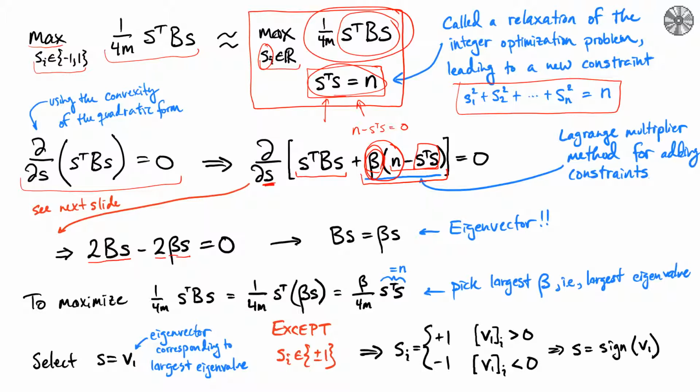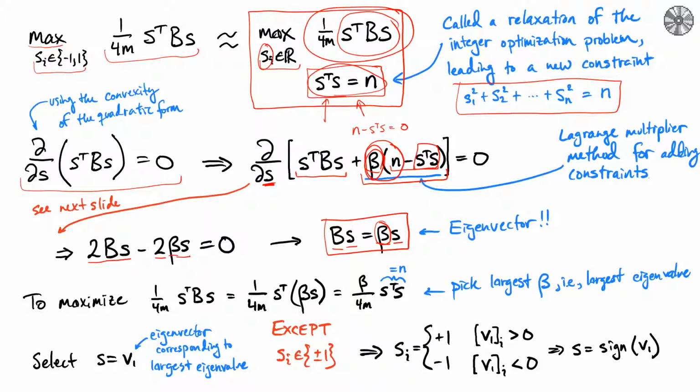The 2's cancel, and we can move the beta S to one side, and we get this equation, which maybe doesn't immediately look like it, but you can see that this is a matrix, this is a scalar, this is a vector, and this is a vector. And so this is actually an eigenvalue eigenvector equation. So S is an eigenvector, and beta is the corresponding eigenvalue. So this is already kind of interesting.